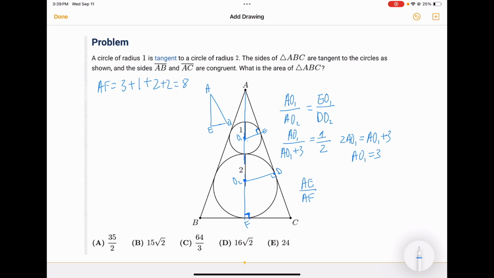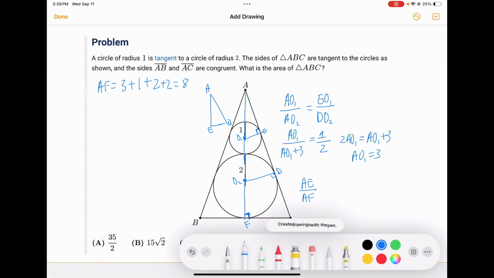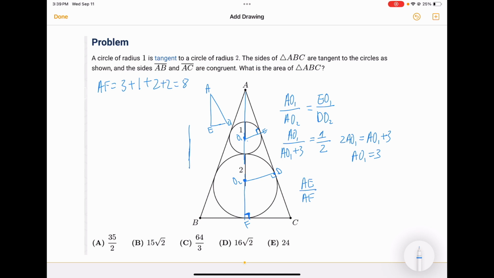Then this triangle would match up to the big triangle AFC, which I'm going to draw again a little bigger over here. Now we see that AE would match up with AF, and EO1 would match up with FC. And then this would be equal to EO1 over FC.